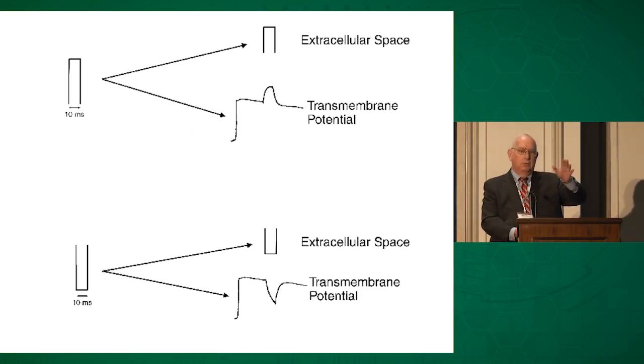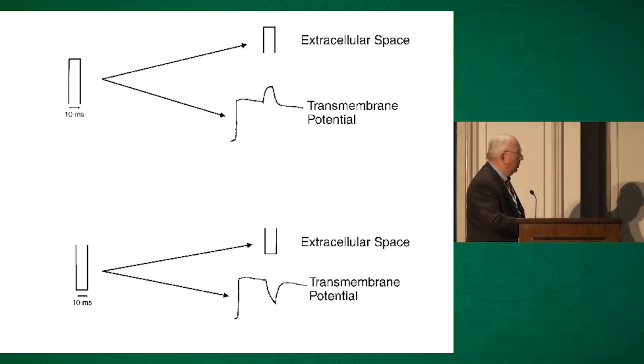They're still in a relative refractory period. So their transmembrane potential is elevated. So we know that there's some parts of the heart where when you give a shock in the extracellular space, it would hyperpolarize the transmembrane potential.